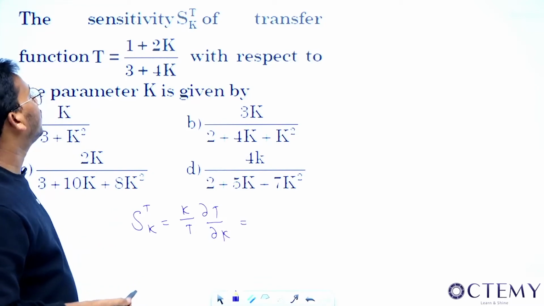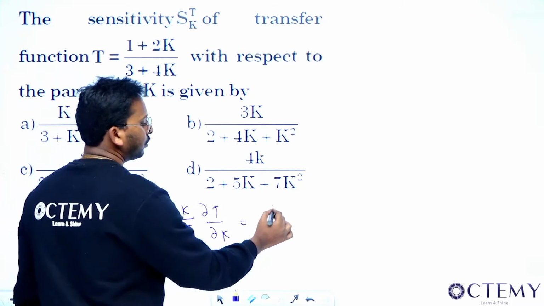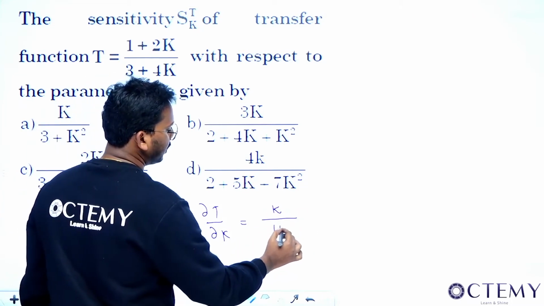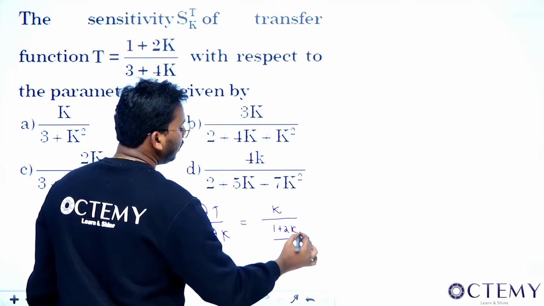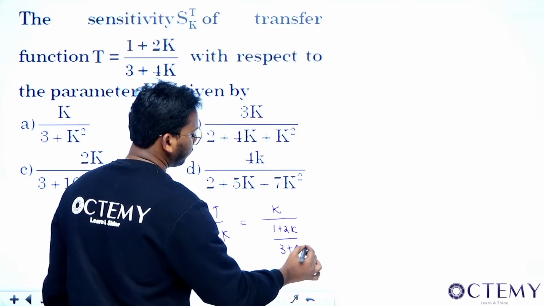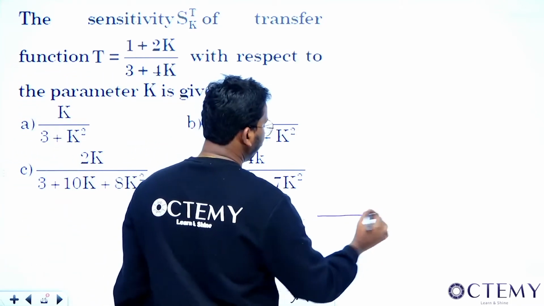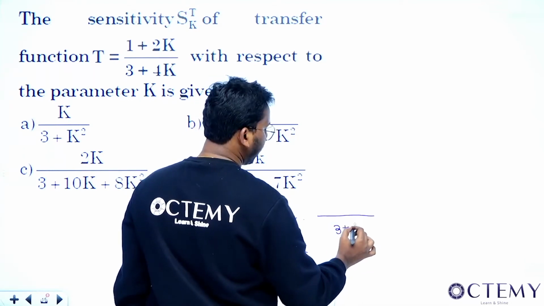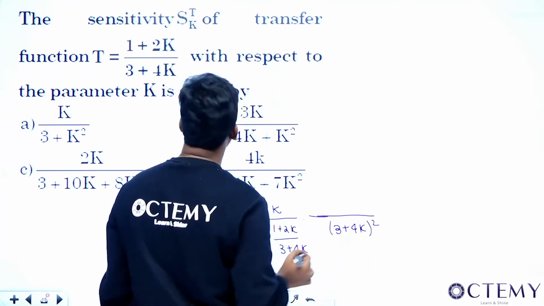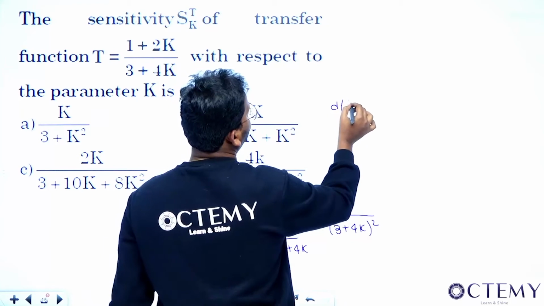Now what is K, sir? K is some constant, but that is your variations you have to check here. So K divided by, what is T given as? It is 1 plus 2K divided by 3 plus 4K into differentiation of this, sir. So differentiation when you do, that will become 3 plus 4K square and U. So differentiation of U by V is what, sir?